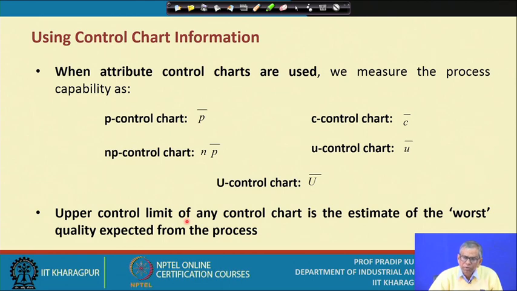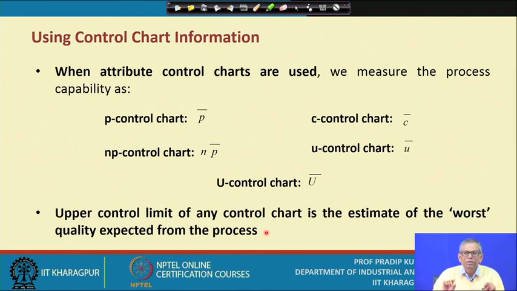The upper control limit of any control chart is the estimate of the worst quality expected from the process. It's clear. Here the measurements are missing, so you are dealing with attributes data. For an attributes control chart, I know what the center line is.